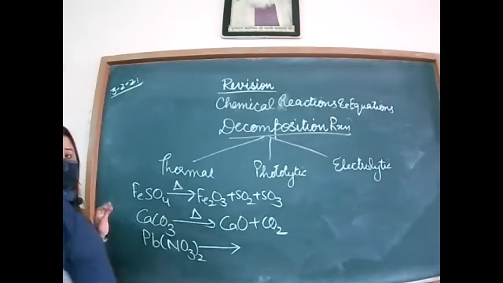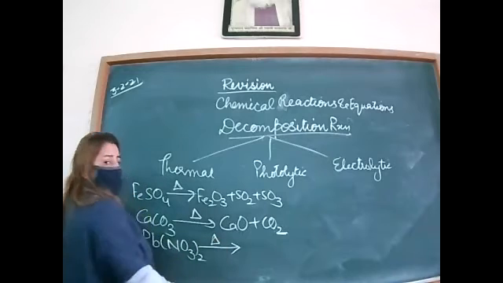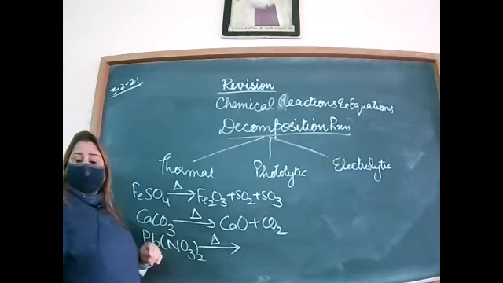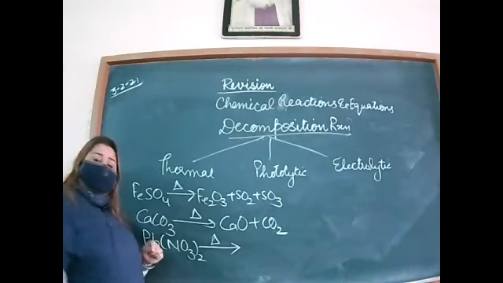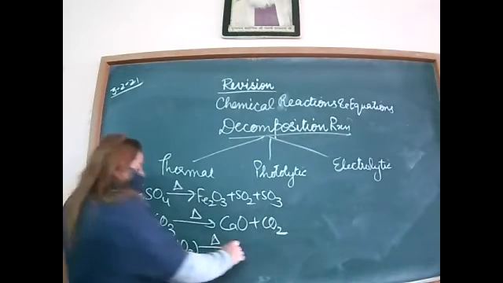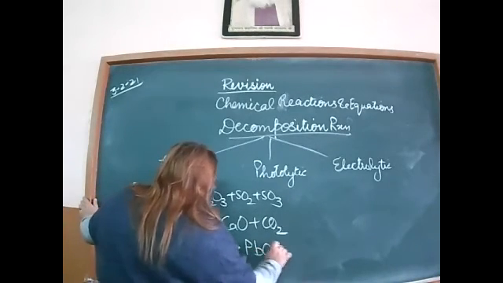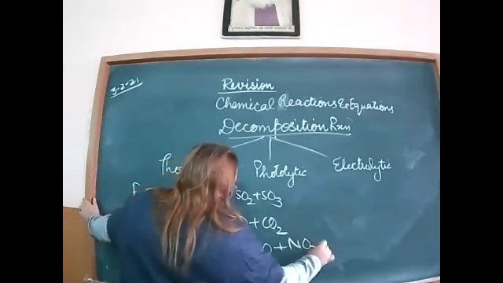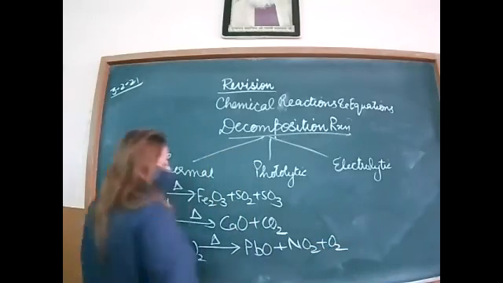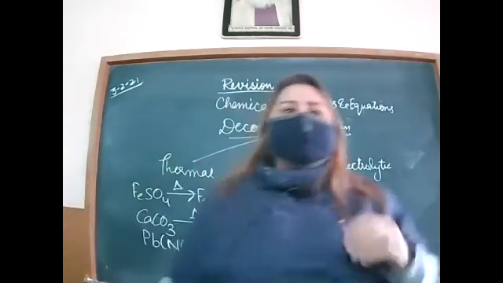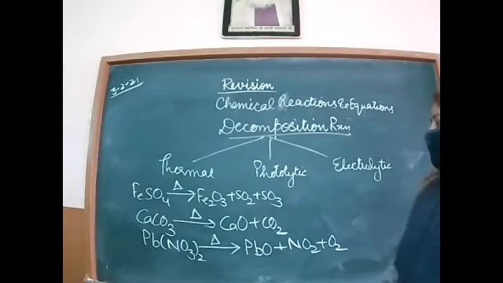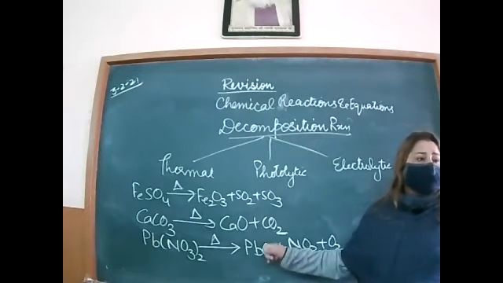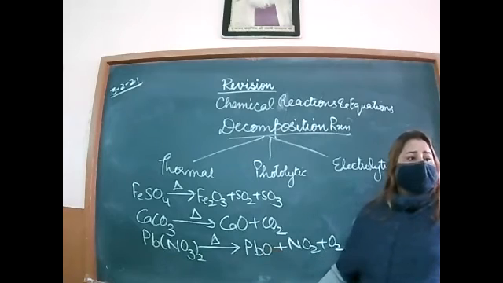It decomposed, again it is a thermal decomposition. When it decomposes, it will give rise to PbO plus NO2 plus O2. Lead oxide, sulfur. Sulfur has a pungent smell. So this reaction gives lead oxide plus nitrogen dioxide plus oxygen. And the color of nitrogen dioxide is brown fumes.